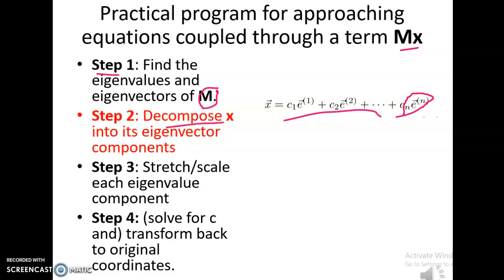Step 2, decompose x into eigenvector components. Step 3, scale each eigenvalue component. Step 4, solve for C and transform back to original coordinates.